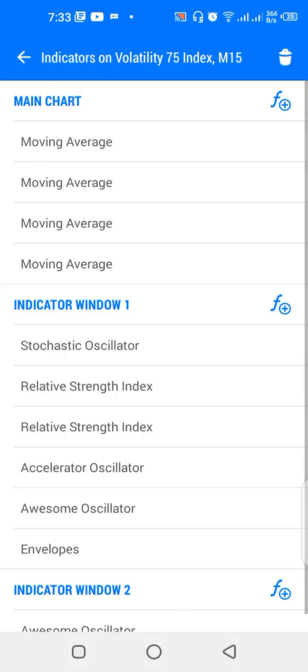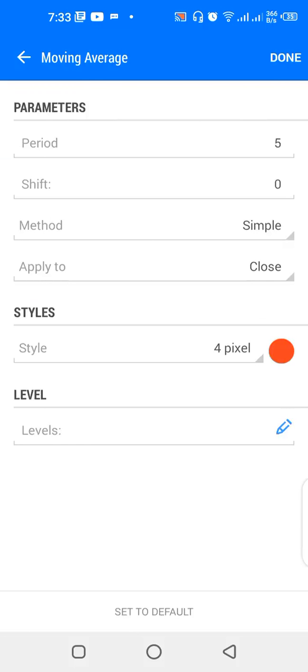And we have another moving average, 5 period. Shift is 0. Method is simple. Apply to close. Color is red. On the 5 period moving average, the red colored line on the main chart, that's where we start to count three progressive bars, if it is bullish bars or if it is bearish bars.